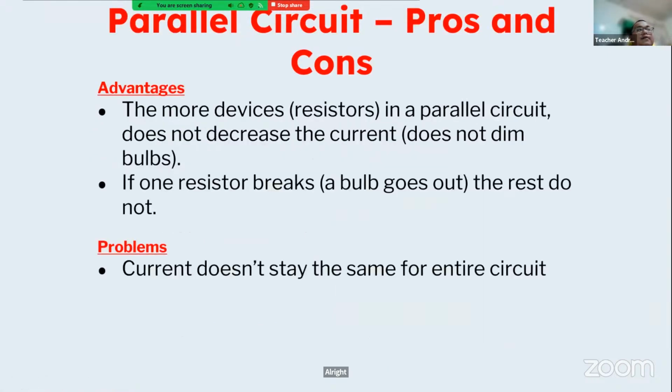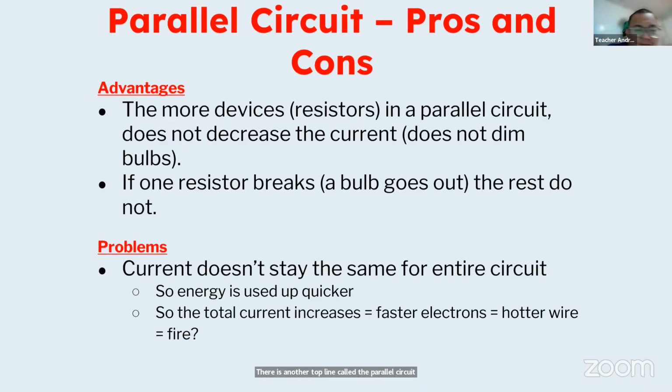So therefore, because we have so many problems with the series circuit, there is another helpful option called the parallel circuit. The advantage of the parallel circuit is that no matter how many light bulbs I put in a parallel circuit, the current will not decrease. Therefore, all the light bulbs will light with the same brightness. The light bulbs will not get dimmer.